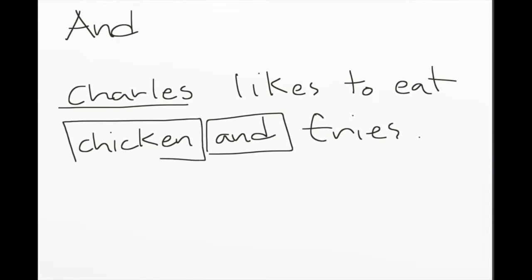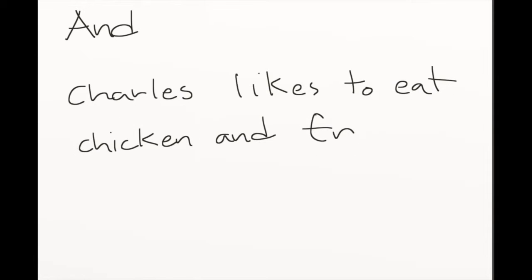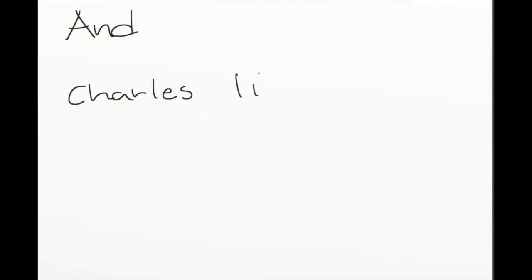So you have the subject, Charles, and then you have the two objects, chicken and fries, and the verb is eat. So it's not two sentences being put together, it's just one sentence, and you use that conjunction. So you can have single sentences that have a conjunction like and, but, or.